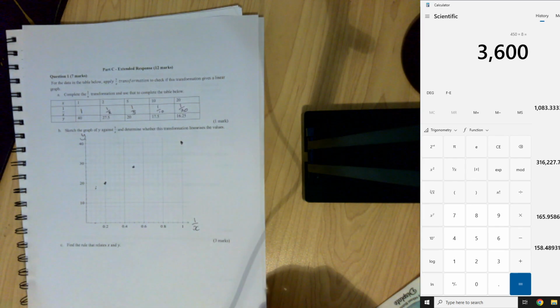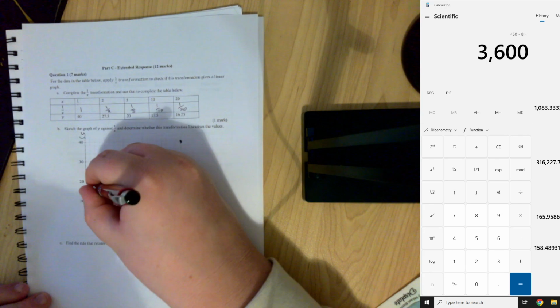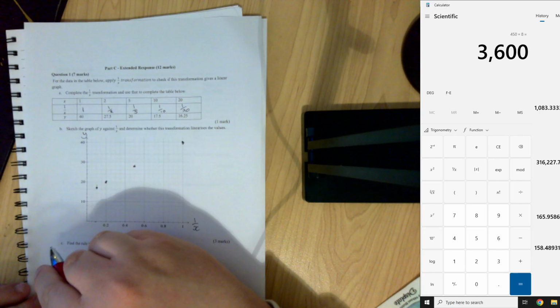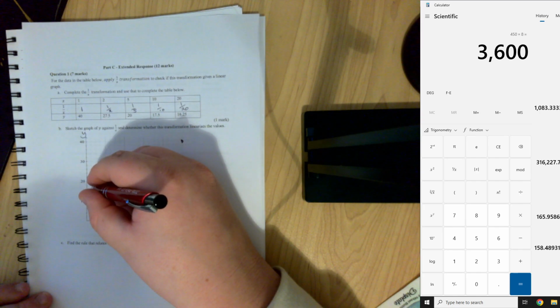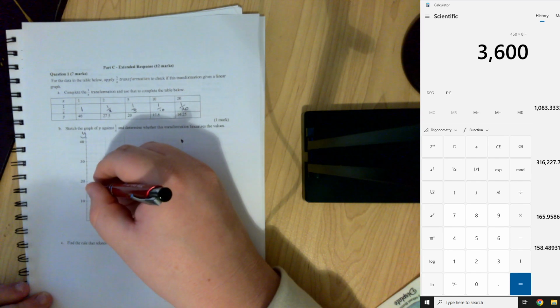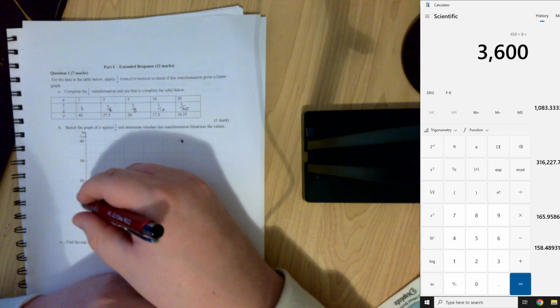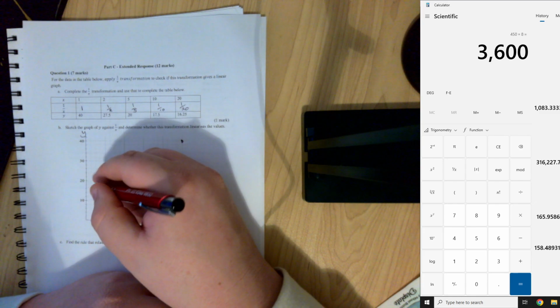All right, got that one. Might make that point a bit more defined. And then lastly, we have 1/20 and 16.25, which is here, and that's 17.5, which means, what would this be, 10, 12, 14, 16, 18.